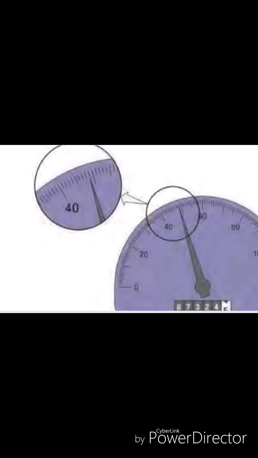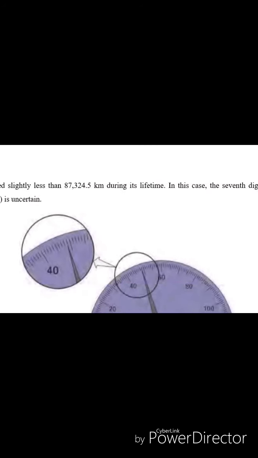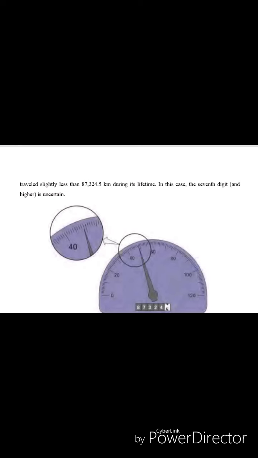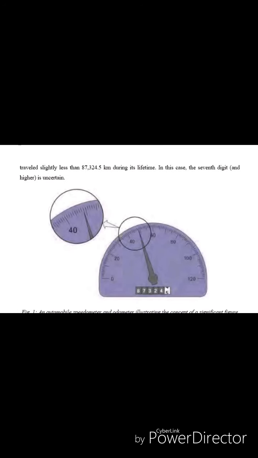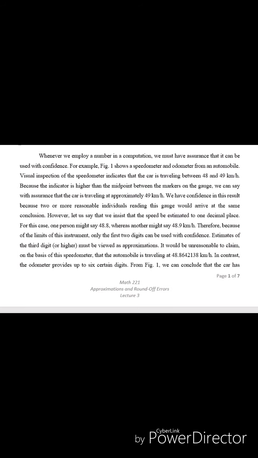But then, by visual means, we can simply say that the speedometer reads between 48 and 49. Since it's between, we can also say that it's approximately, for example, 48.8, or someone might say it's 48.9. It is safe to say that we are traveling 48 or 49.